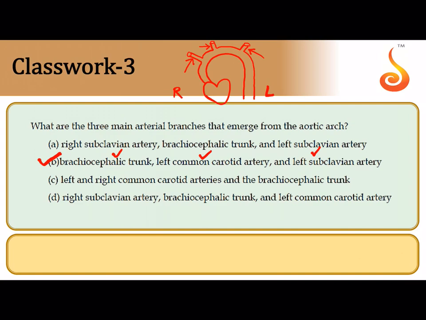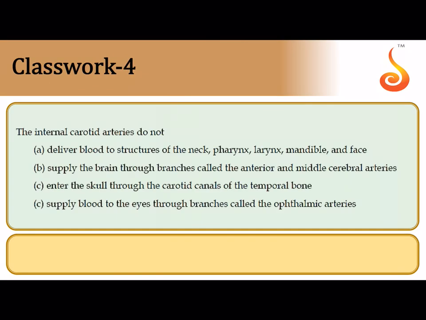I hope you all know, this is the systemic trunk, and the systemic trunk emerges from this part of your heart. Which chamber of your heart? This is the left ventricle. So it emerges from the left ventricle, it arches upwards, and where it is arching, there it gives out three major branches. So the answer is the second option.